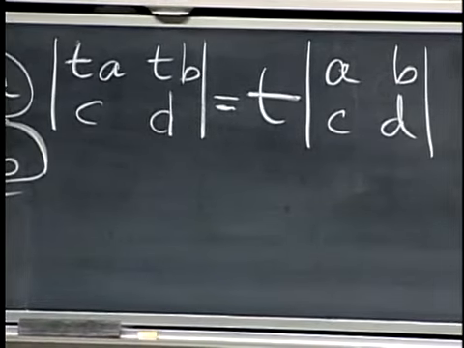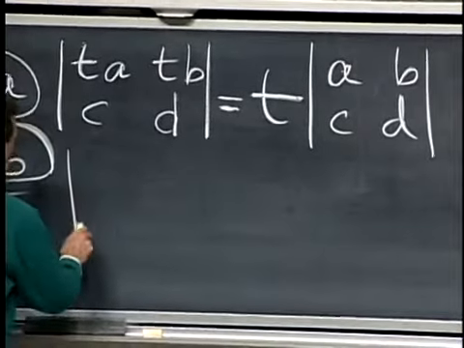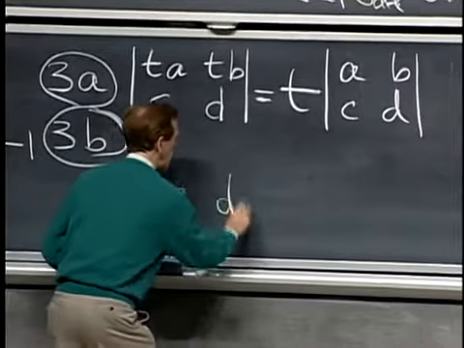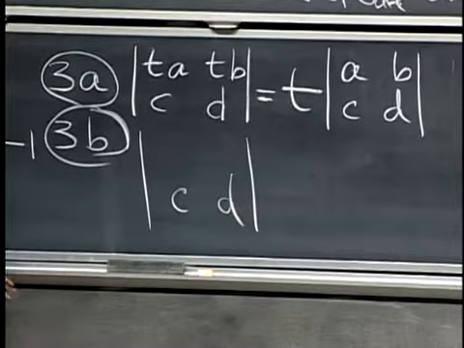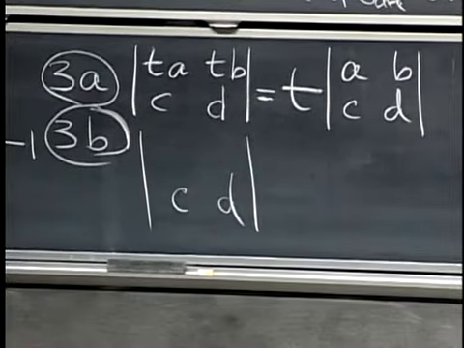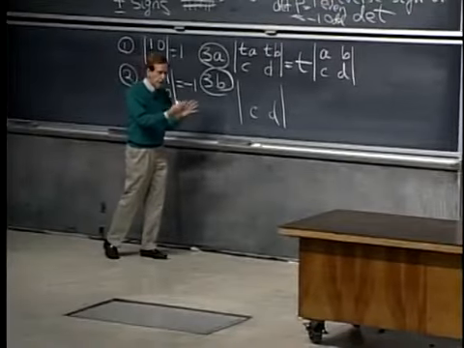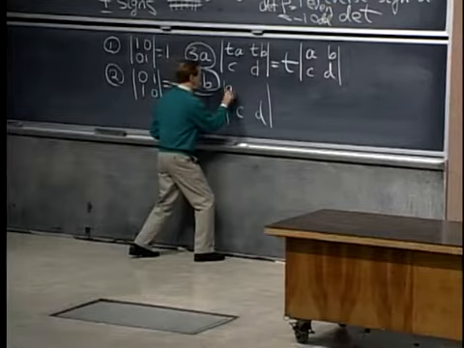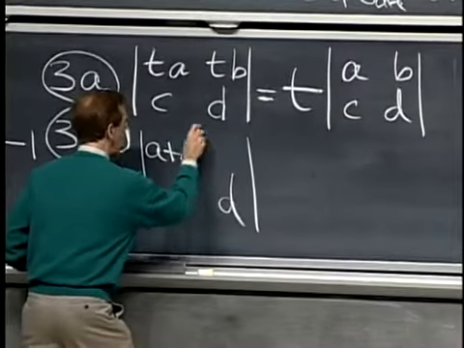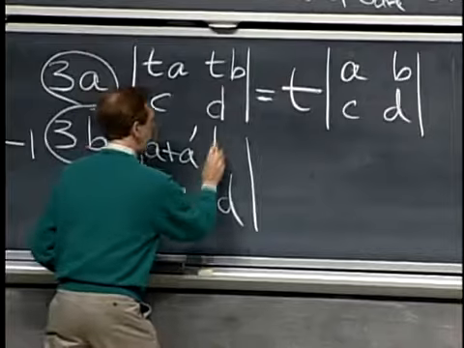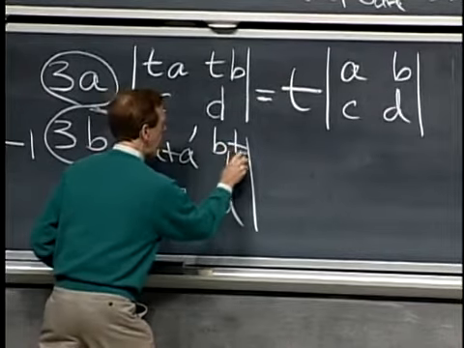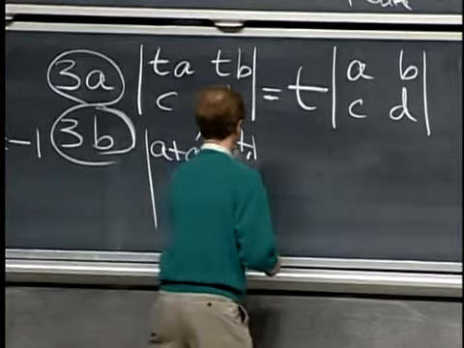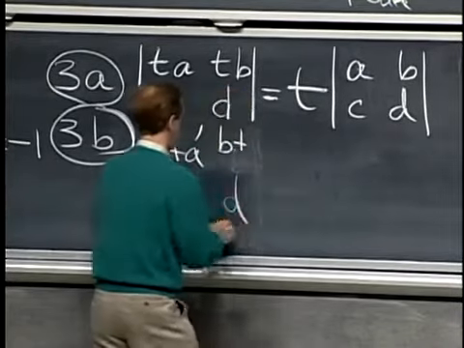And 3B is that I'm always keeping the second row the same, or the last n minus 1 rows are all staying the same. I'm just looking inside the first row, and if I have an A plus A prime there, and a B plus B prime there, sorry, why don't I use an eraser to do it right?